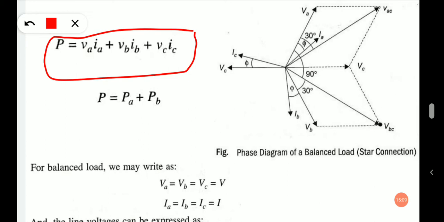Now we will consider a balanced star connected load with its phasor diagram as shown in the figure. So you can see the phasor diagram for star connection for balanced load.